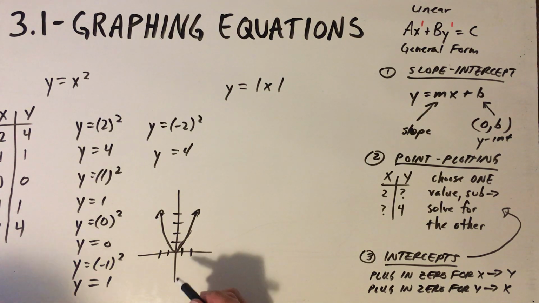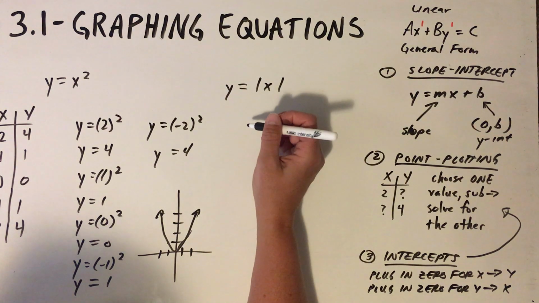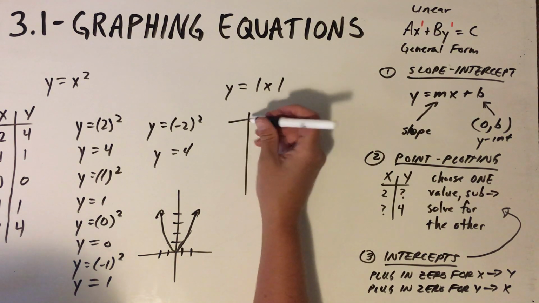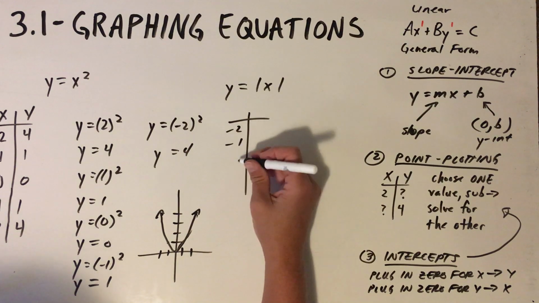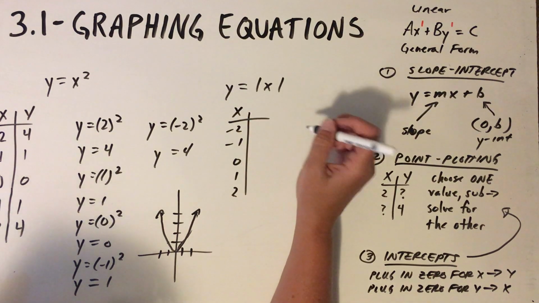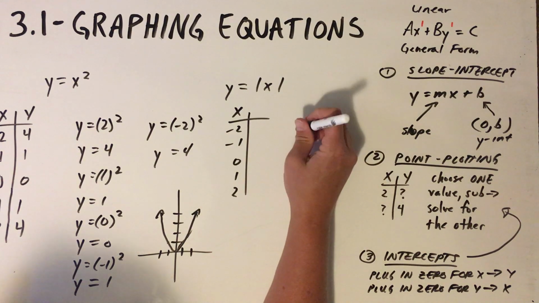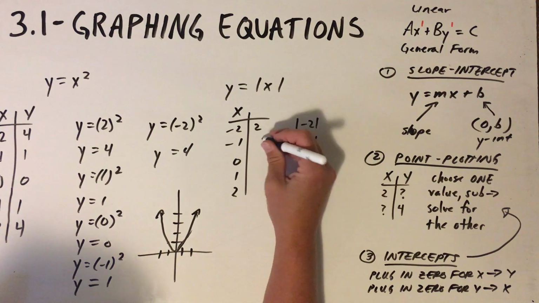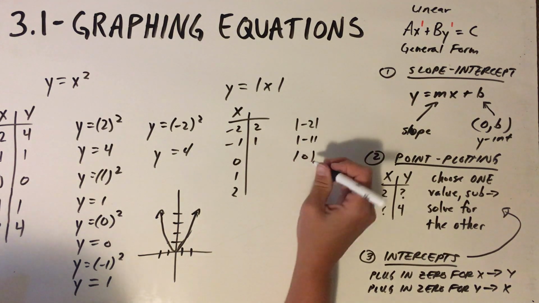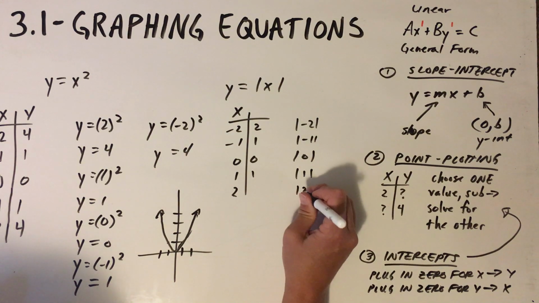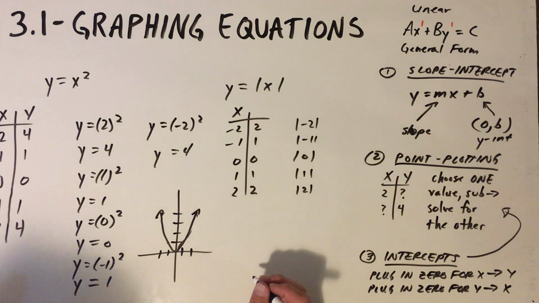It's nonlinear. Okay, and if I were to do then this absolute value of x, and we were to plug in, let's do -2, -1, 0, 1, and 2, same points we did over here for x. The absolute value of -2 is 2. The absolute value of -1 is 1. The absolute value of 0 is 0, the absolute value of 1 is 1, and the absolute value of 2 is 2.